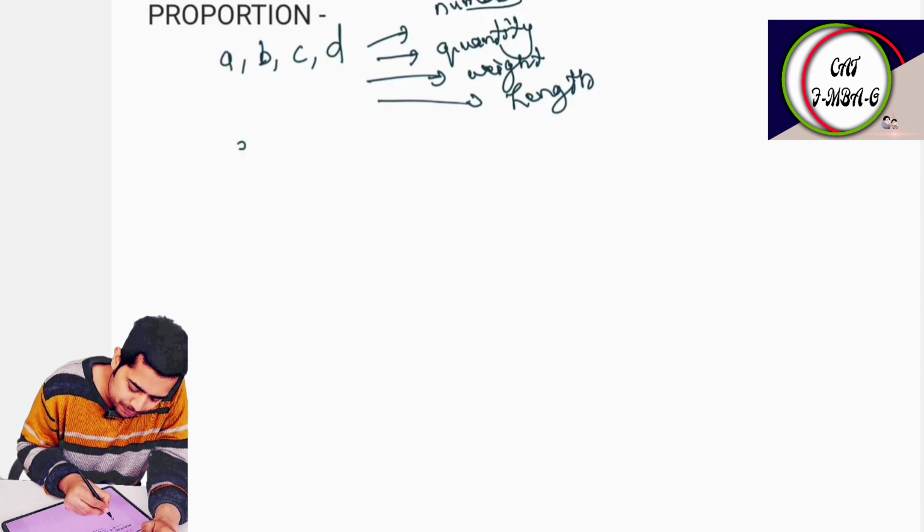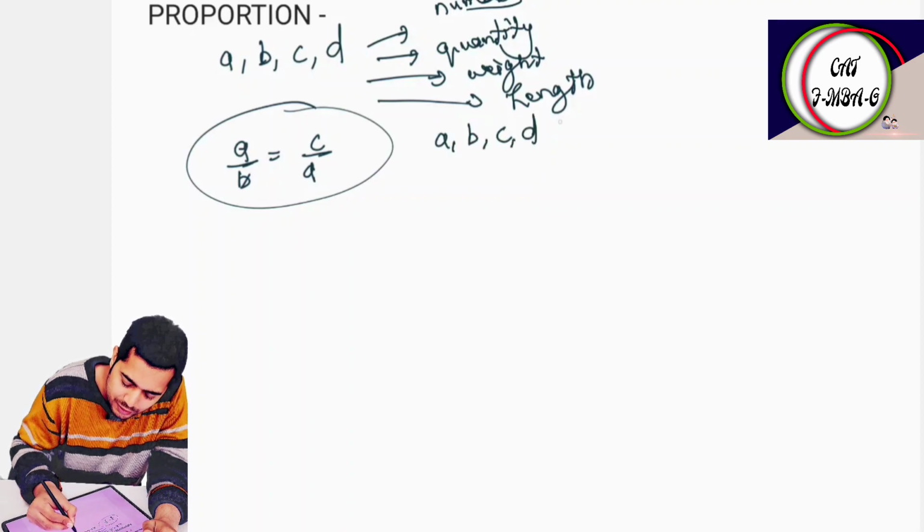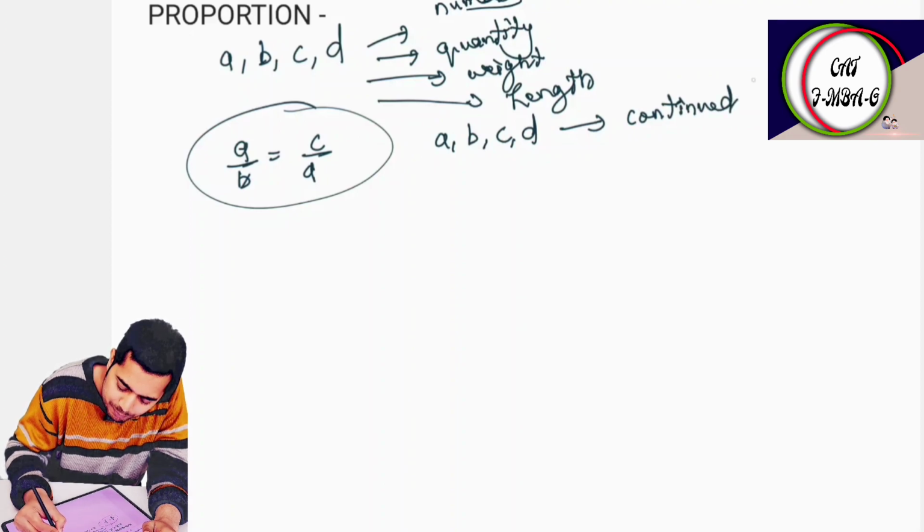If A by B is equal to C by D, that means A, B, C and D are in proportion. You can say it like that in simple terms.